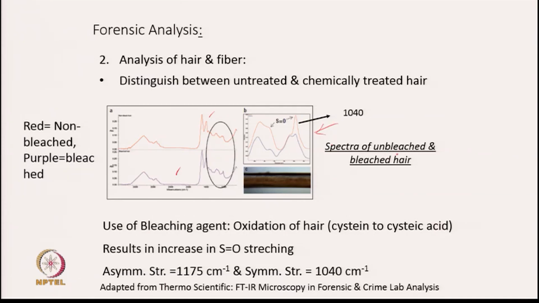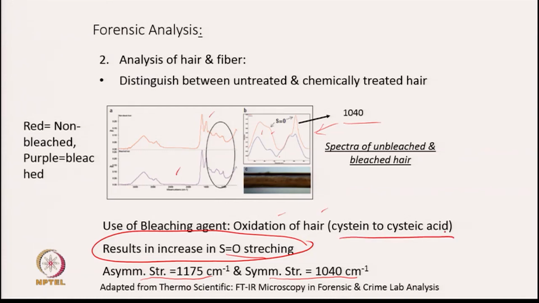You can see that the peak at 1040 cm⁻¹, due to symmetrical stretching of the SO bond, is increasing, and the asymmetrical stretching at 1175 cm⁻¹ is also increasing. So there is an increase in SO stretching because oxidation of hair involves oxidation of cysteine to cysteic acid.